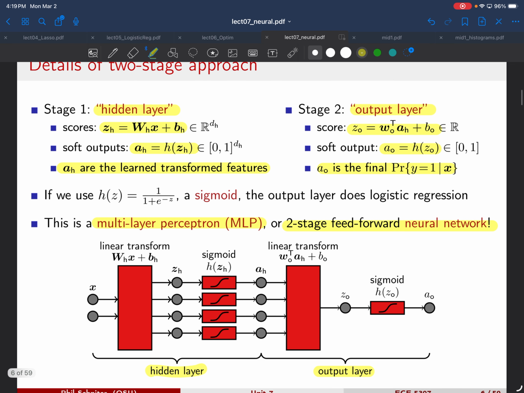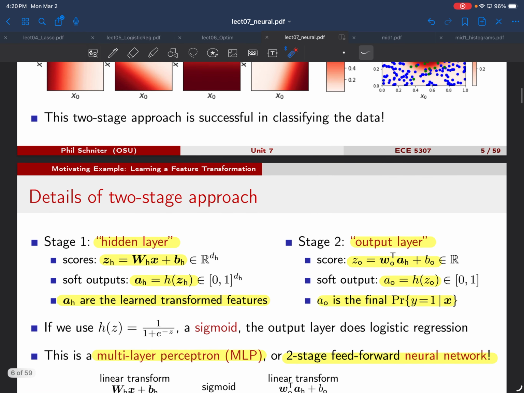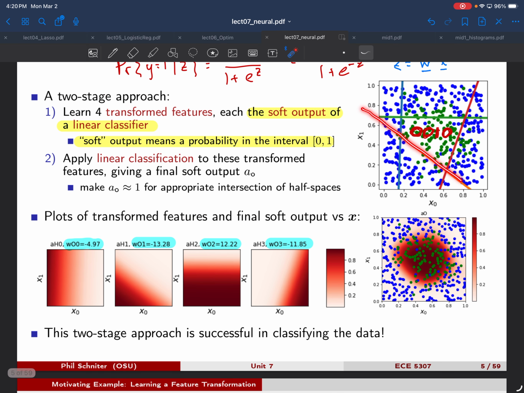All right, any questions on this? Yes? So how this applies to the slide above, the first linear transform would be like where we place the lines? Yeah, so if you think about it, this matrix here is a tall matrix, right? It has 4 rows of 2 coefficients. So for each one of these classifier boundaries, you need 2 numbers to say where it's pointing, and then you need 1 more number to shift it.